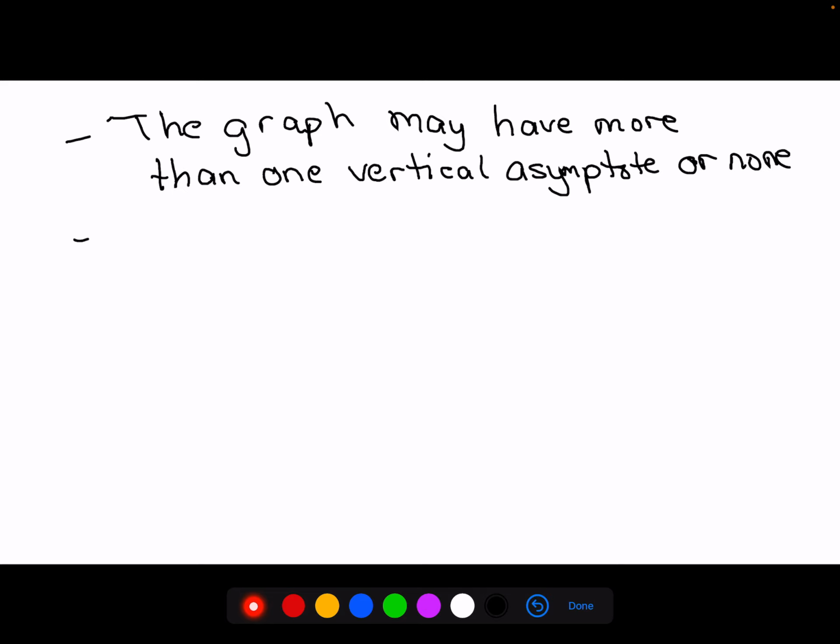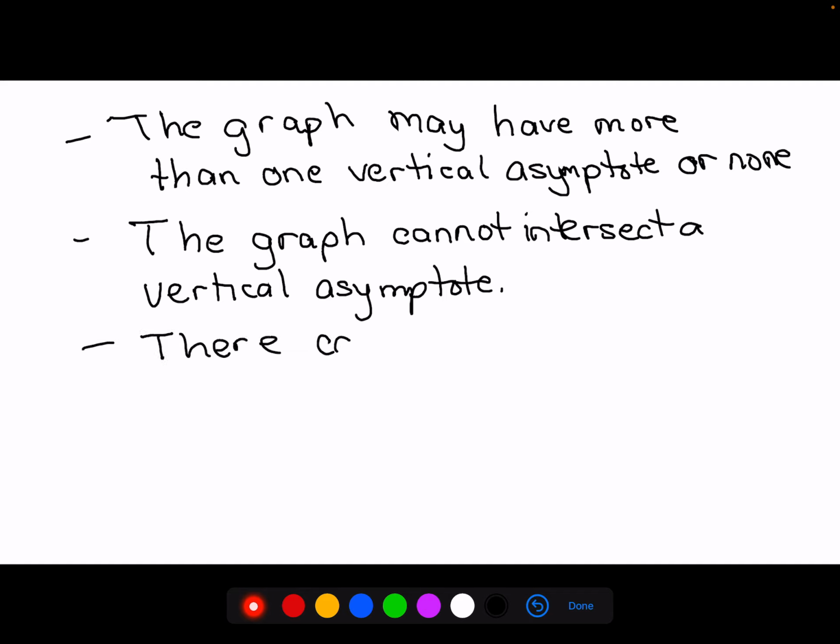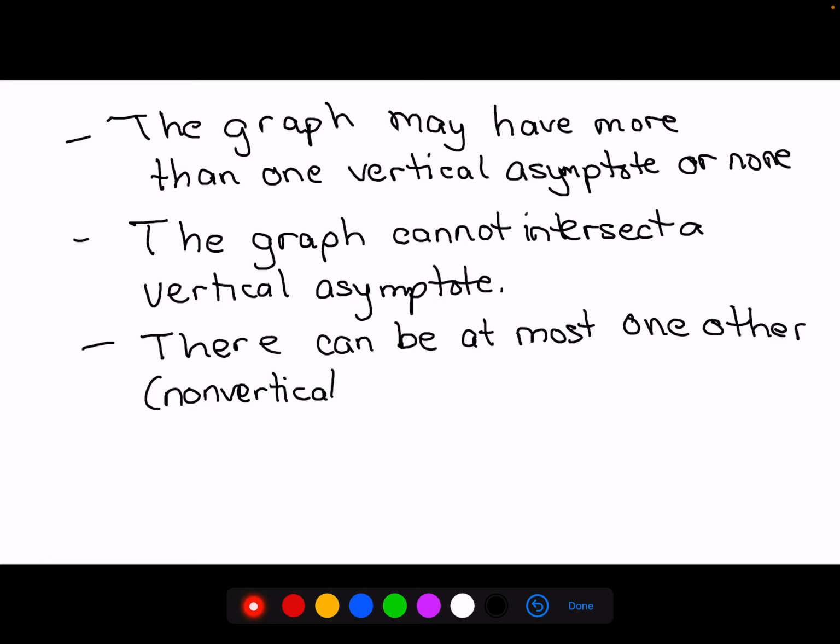And the graph cannot intersect a vertical asymptote. And then there can be, at most, one other non-vertical asymptote.